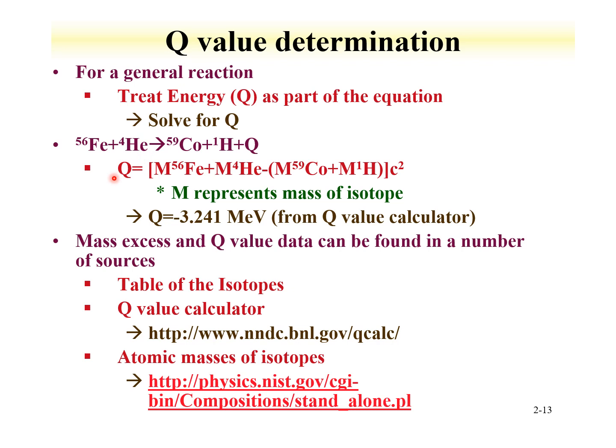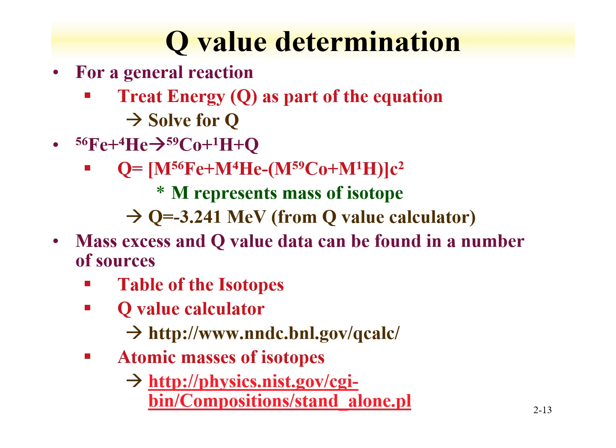Well, we can write the Q value. It's the mass of the products minus the mass of the reactants, with mass times c squared making it into energy. With the Q value calculator, which we'll talk about, I can enter this information and out comes a value.